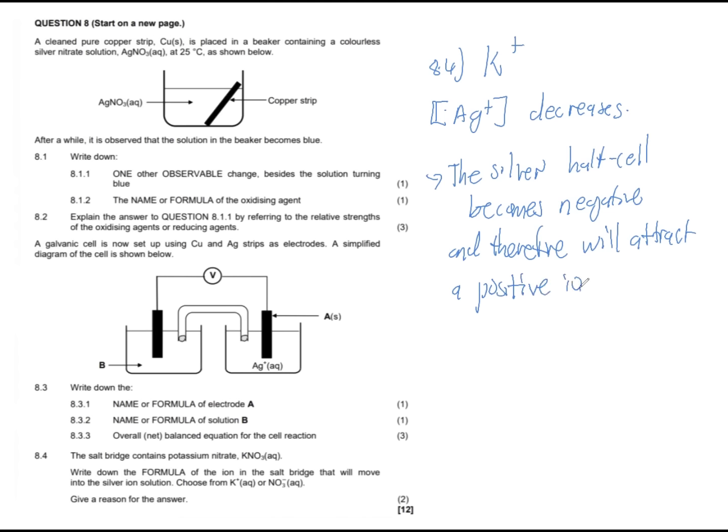A positive ion. So the concentration of the Ag+ decreases, and that means now it will attract the positive ion. Okay, so this is all that will take place there.